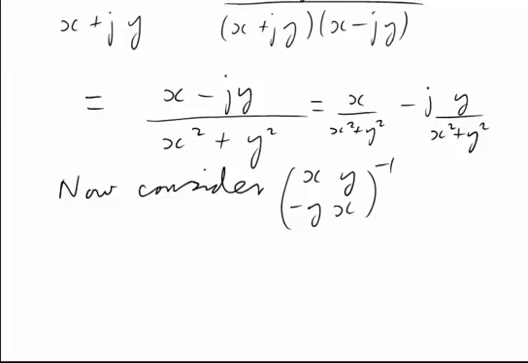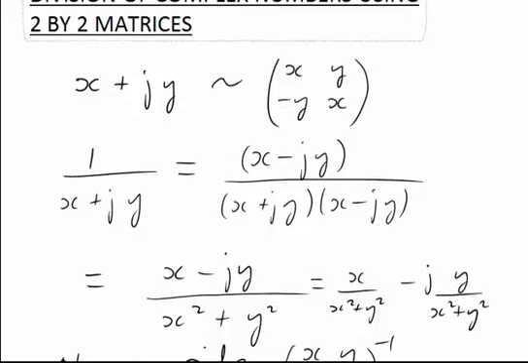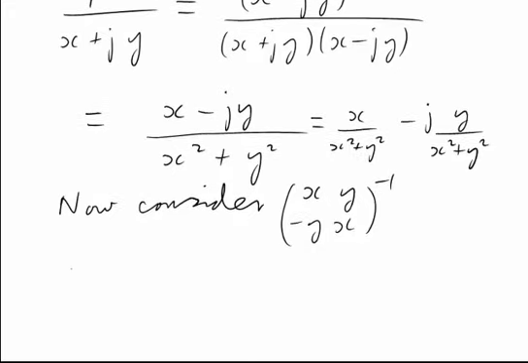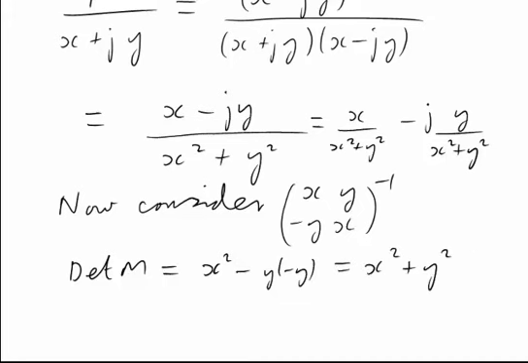First of all we need the determinant. Let's call our matrix M. Okay, so we need the determinant. Determinant of M is just x squared minus y times negative y. That's x squared plus y squared.